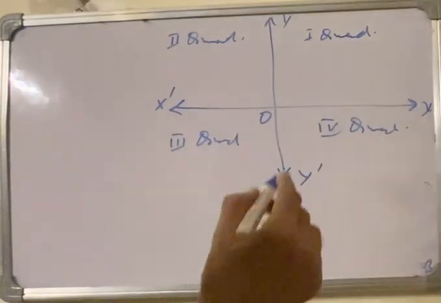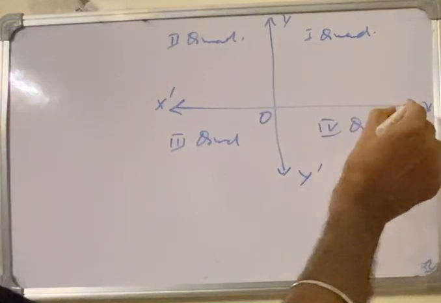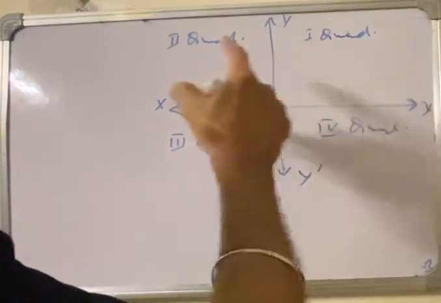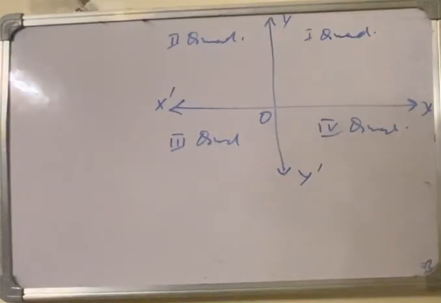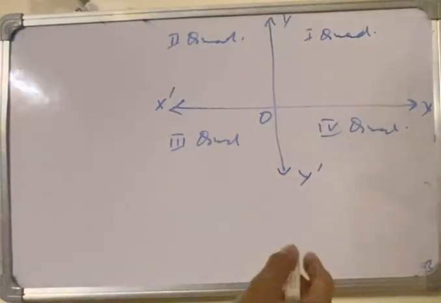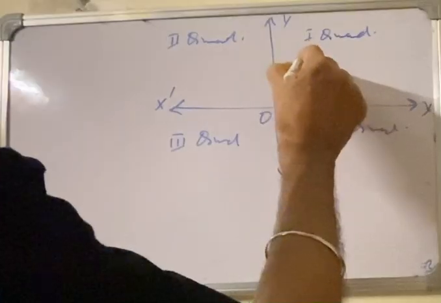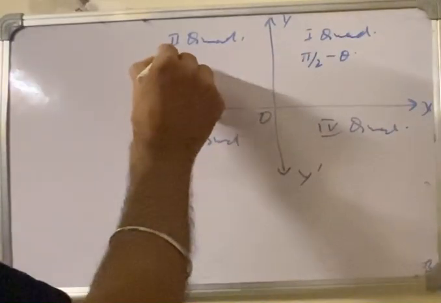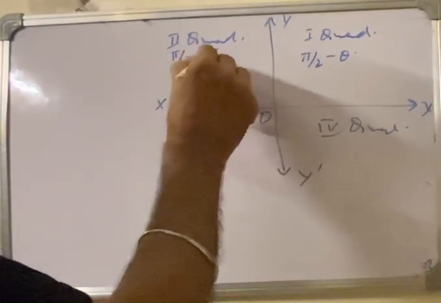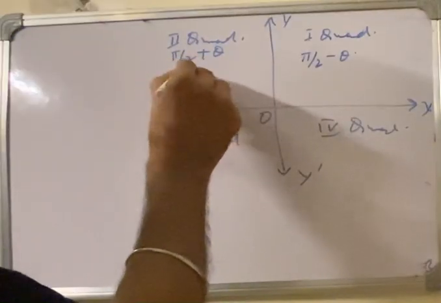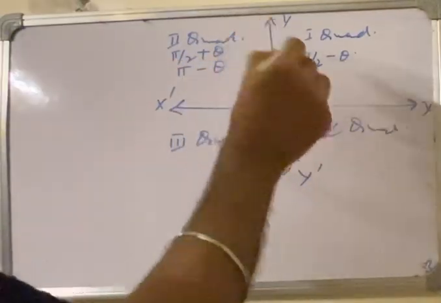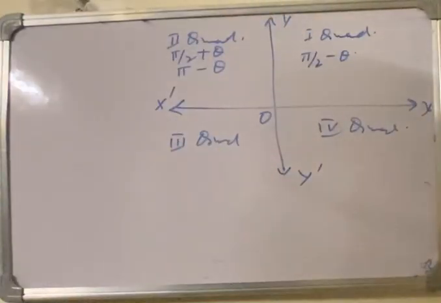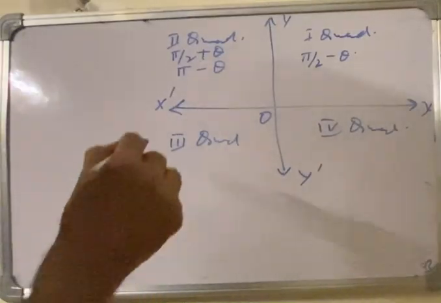In first quadrant, we have already theta lying between 0 and pi by 2. So pi by 2 minus theta lies in first quadrant. Pi by 2 plus theta, pi minus theta. Because this is 0, this is pi by 2, this is pi, and this is 3 pi by 2, it is again 2 pi.